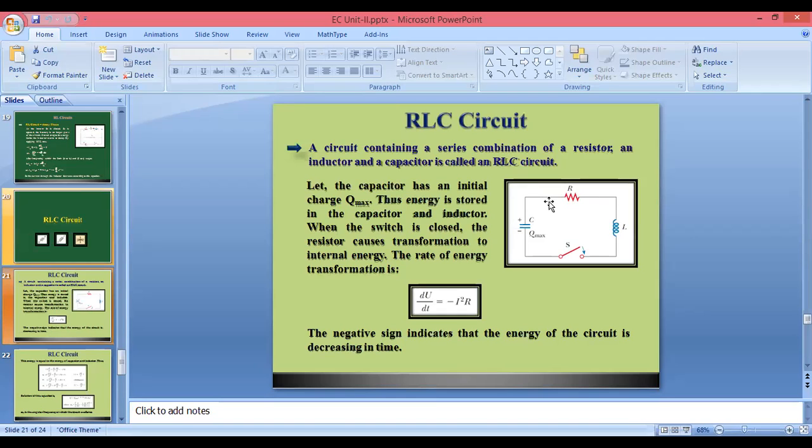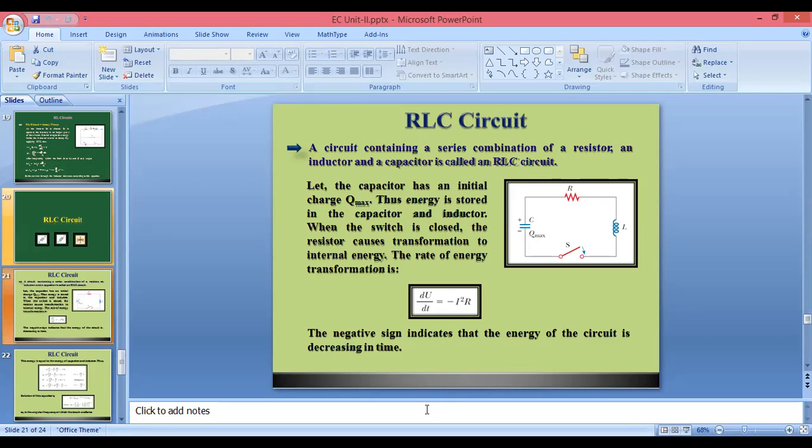In the RL circuit, we saw the equations for current and voltage because of the inductor as well as the resistor. Here we have to see the equation of current as well as voltage across this circuit because of the resistor, the inductor and the capacitor. We know the capacitor will store charges.